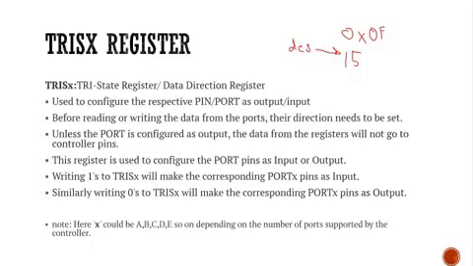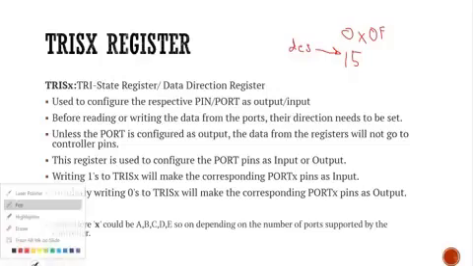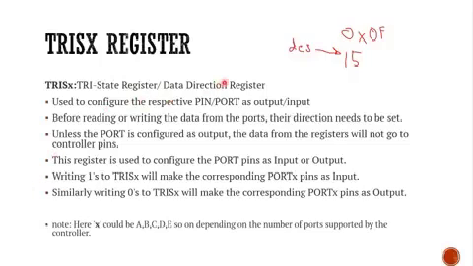So if you want to configure a certain port as input, you need to write 1 to the TRIS register. If you want to set a certain port as output, you need to write 0 to the TRIS register.